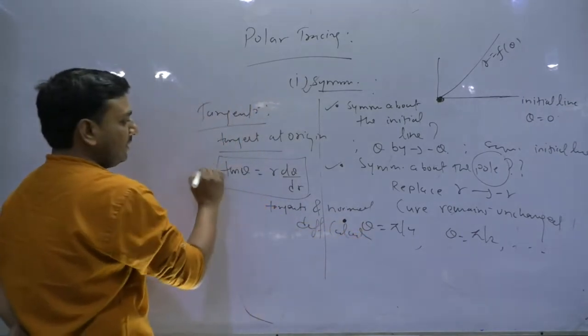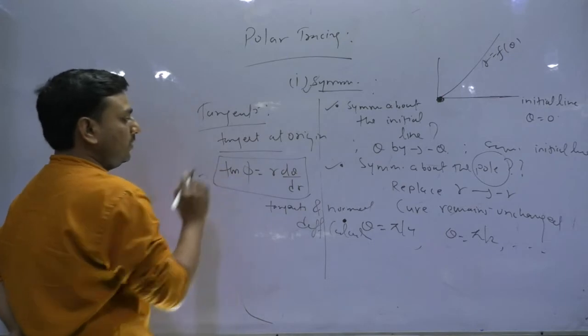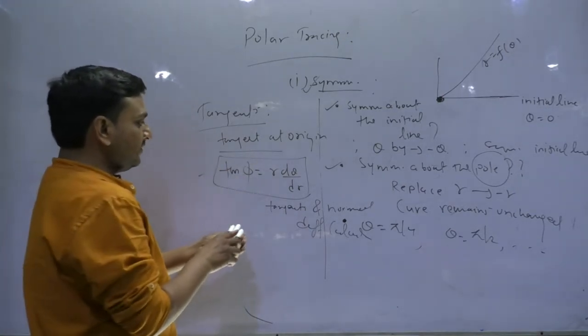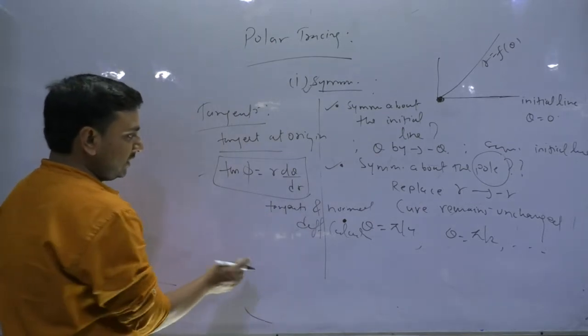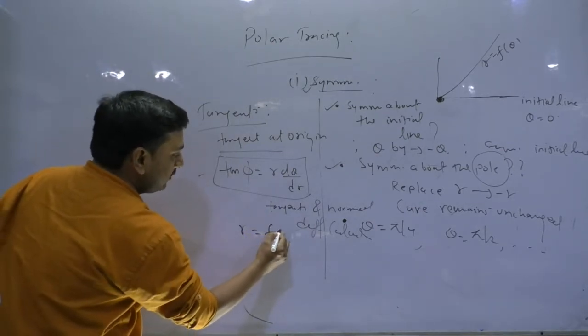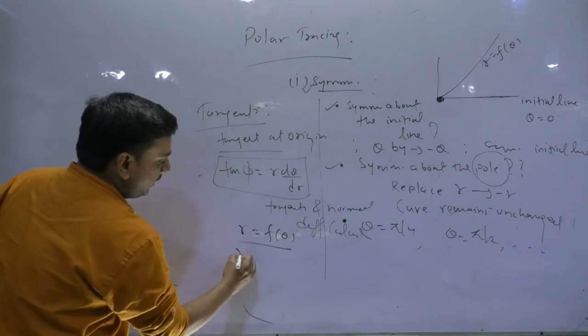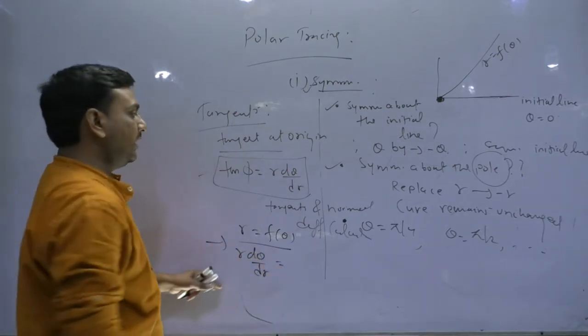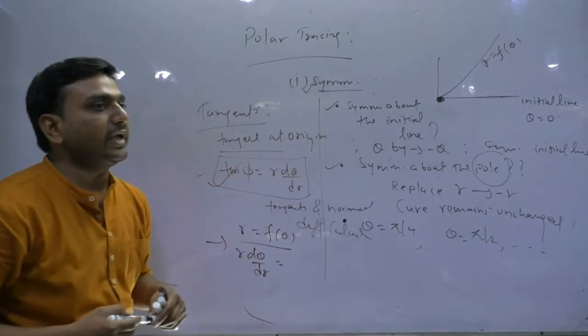So you remember this tan phi. Whatever curve r equals to f of theta is given to you, you need to find r d theta over dr and observe tan phi.